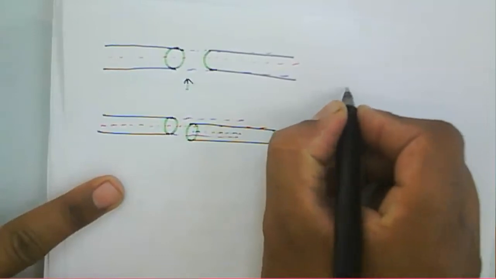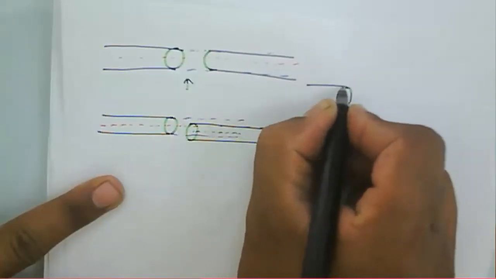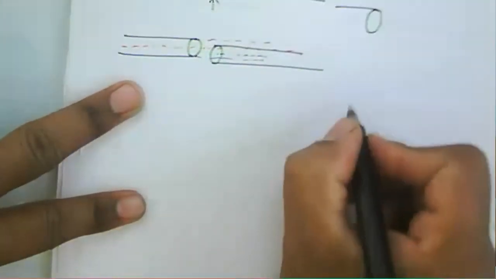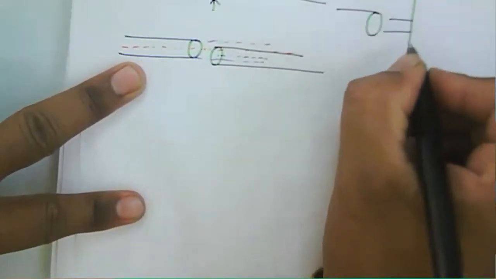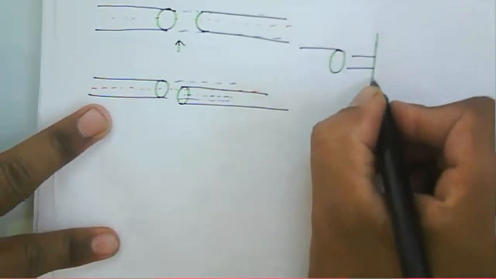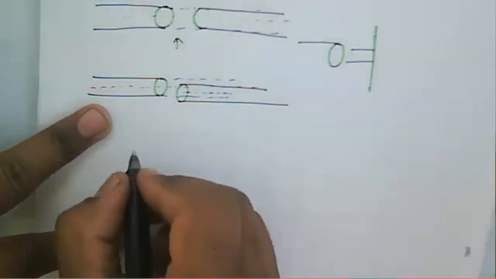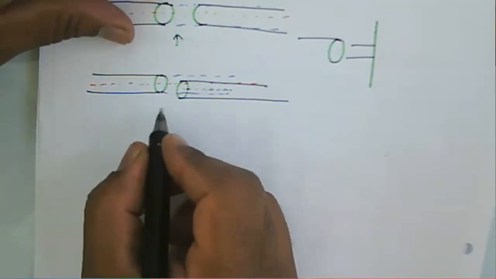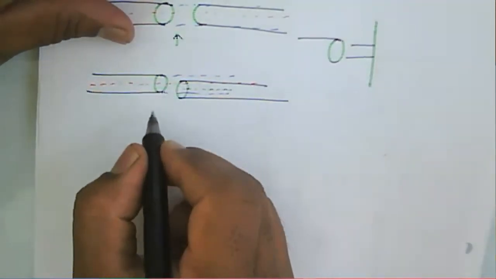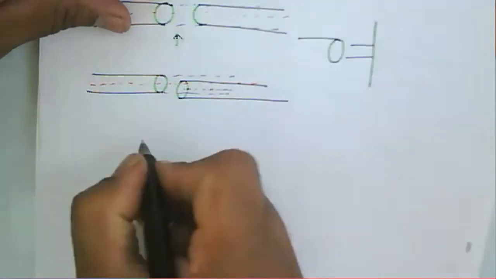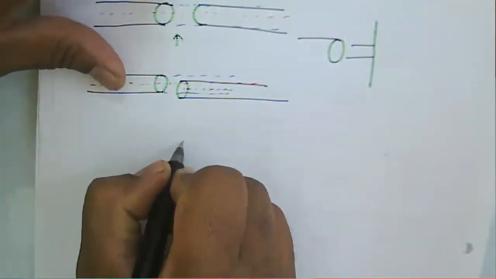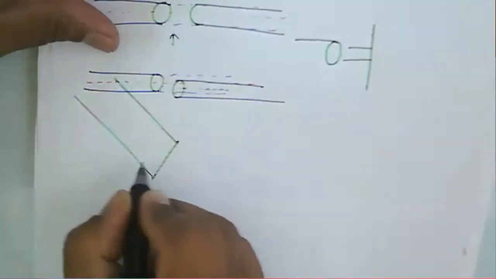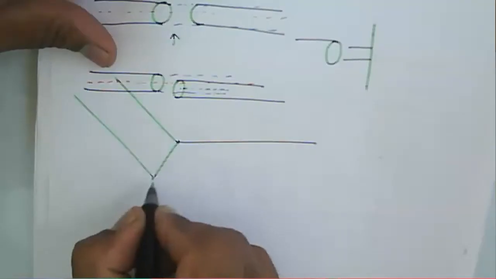Then that surface we say should be a smooth one. If it is not exactly a smooth surface, there is a small difference in the axis or misalignment at this particular surface. Suppose fiber 1 has this particular axis, and we have another fiber.